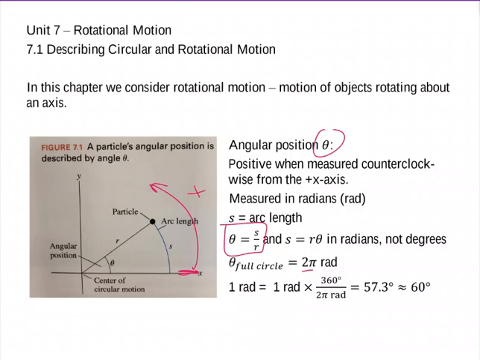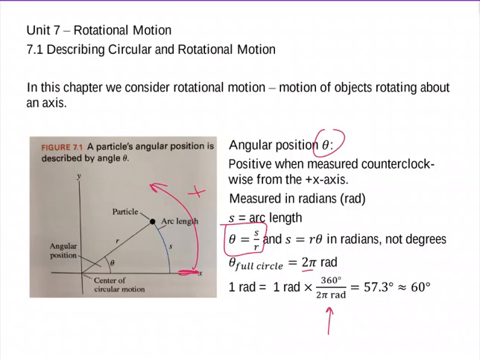So that's our conversion right here. And it equals approximately 57.3 degrees, which we can closely approximate to be 60 degrees if we're just doing a close approximation, like a ballpark figure.